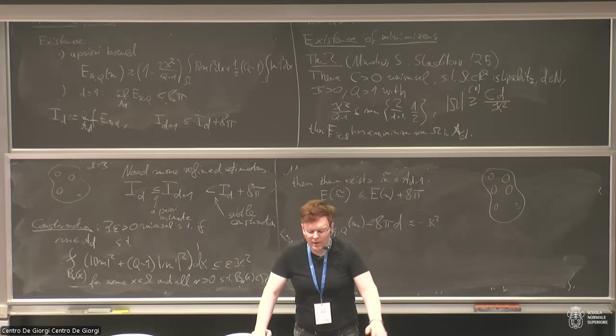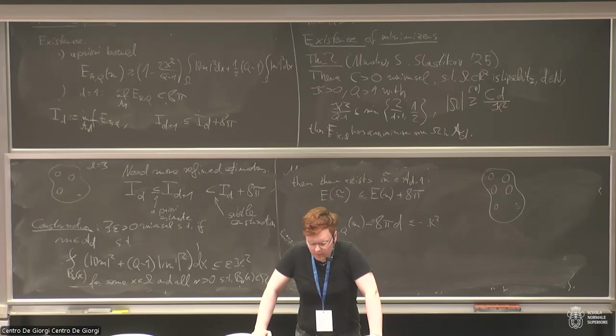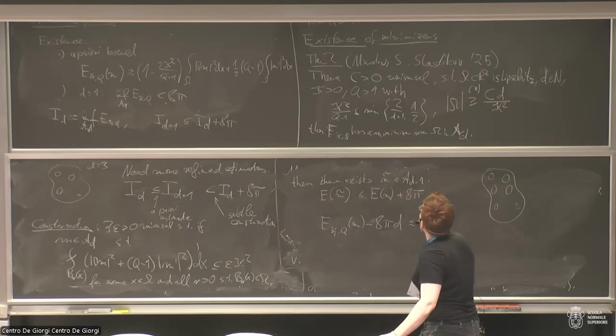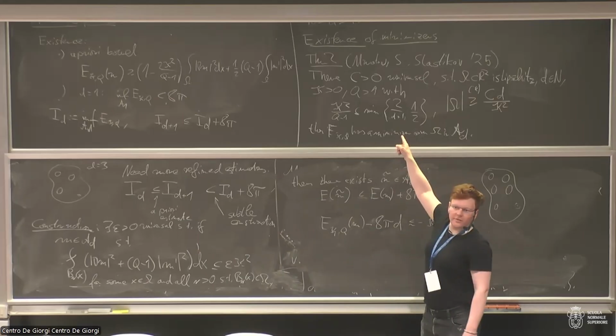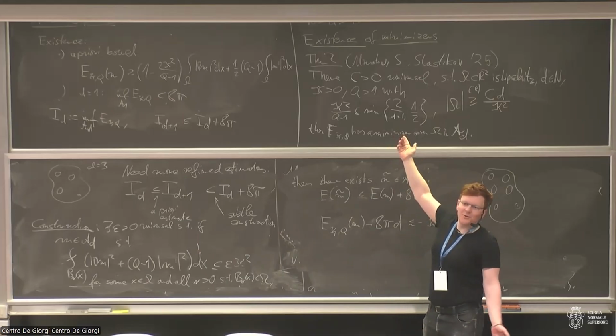If you do that, which is also in our paper, the estimates are not strong enough to conclude that any disk supports a minimizer other than degree 1, because there exists a universal constant and we don't know what the constant is.